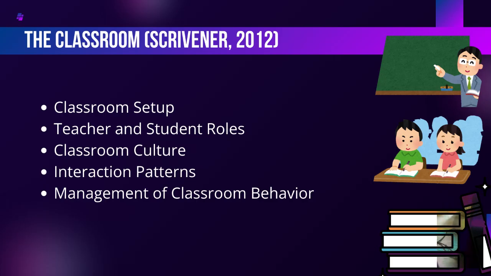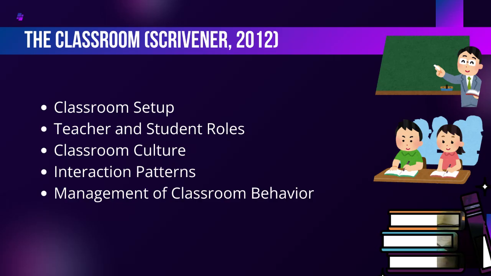Third, we have the classroom culture. A positive classroom culture is important for effective learning. Scrivener suggests that teachers should establish routines, expectations, and a sense of community that fosters collaboration, respect, and motivation among students.